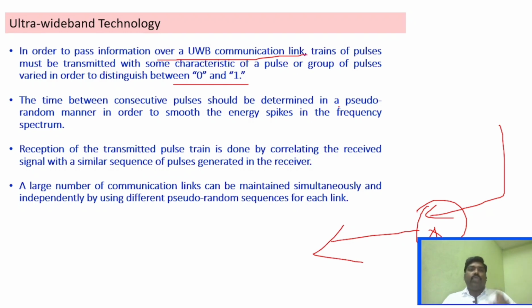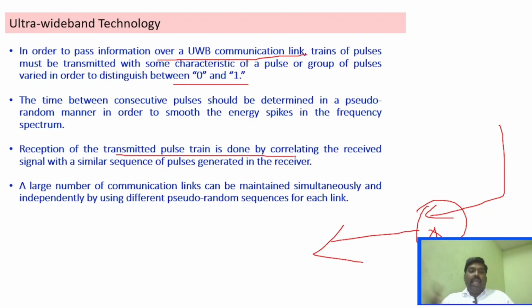It can be done by a pseudo random code which generates that particular time period, and with that we can use the pulse generator to generate a sequence of pulses. During reception, as I said, the transmitted pulse is correlated with the received signal, where you use a similar pulse to the one used on the transmitting side. After that, you do detection sampling, and then the signal will be detected. A large number of communications is possible, right?